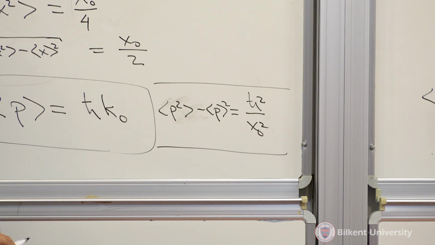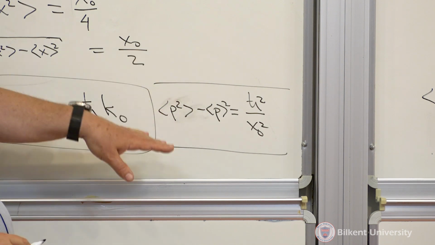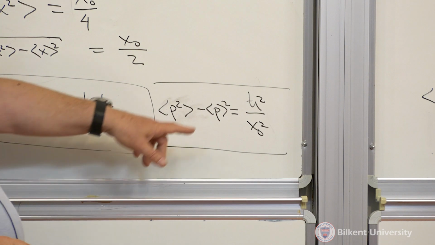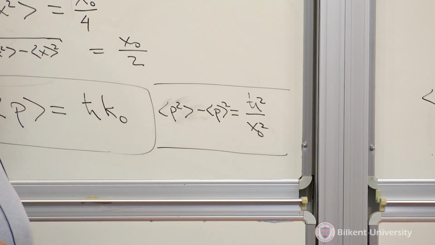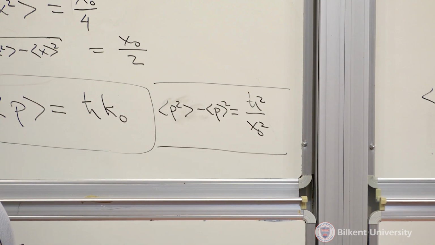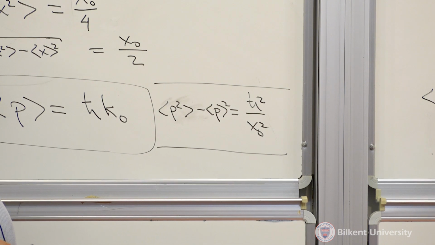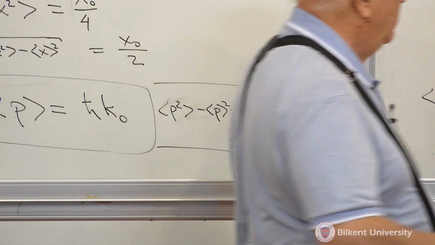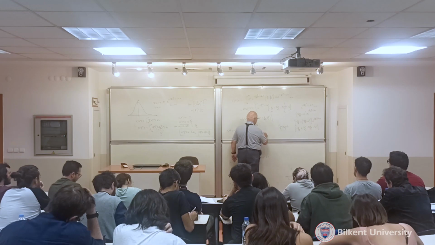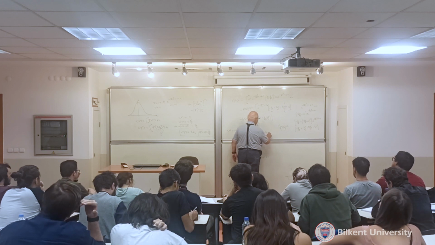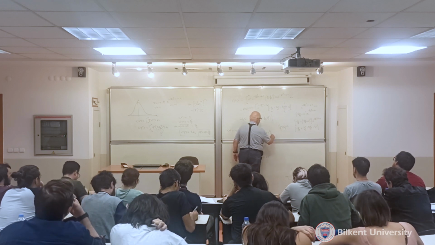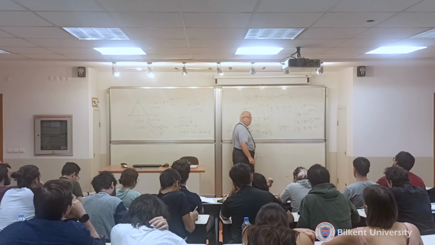So what does that mean? The fluctuation in p is h bar over x0. All right, so this implies that delta p is equal to h bar over x0.